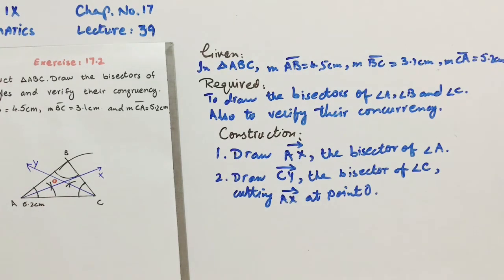Now we have to draw the third bisector of angle B. Open the legs of compass as convenient.